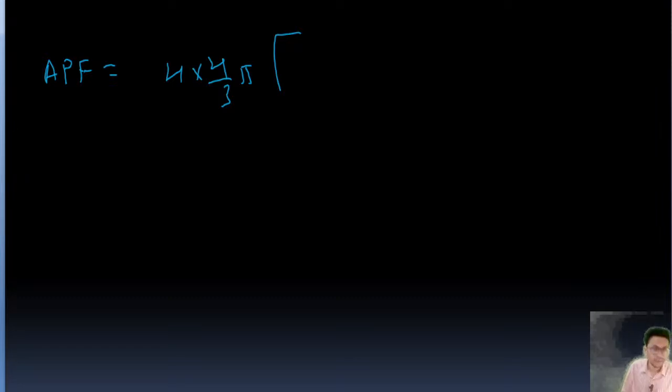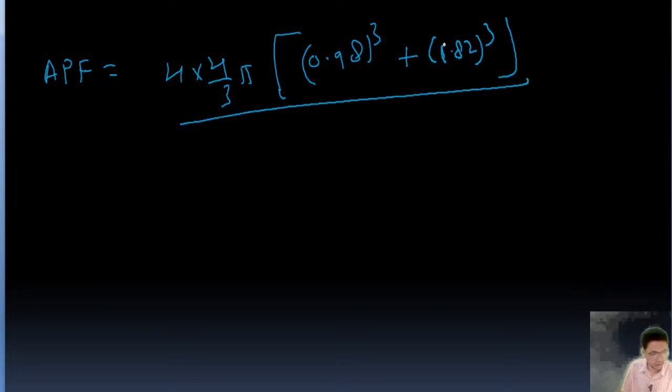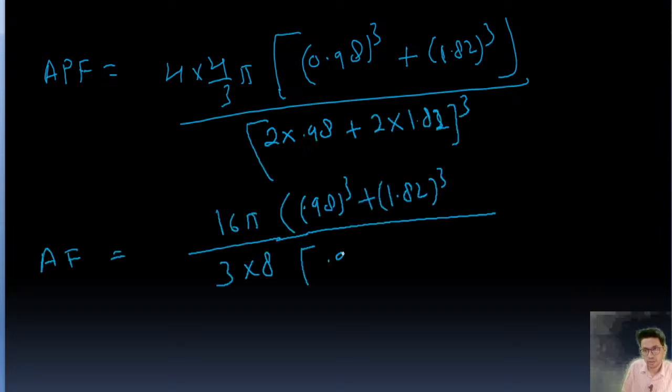No. So the values: 0.98 cubed, the radius of sodium, and 1.82 cubed, the radius of chlorine, upon (2 into 0.98 plus 2 into 1.82) cubed.